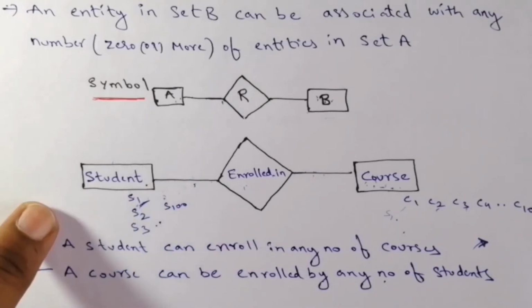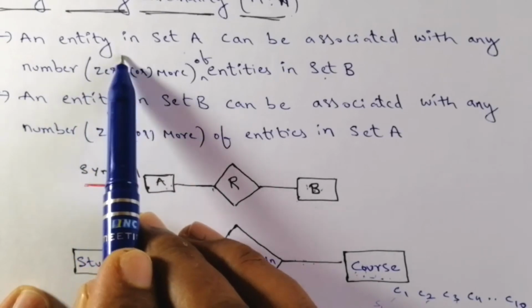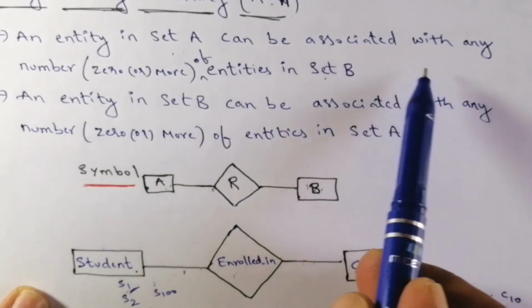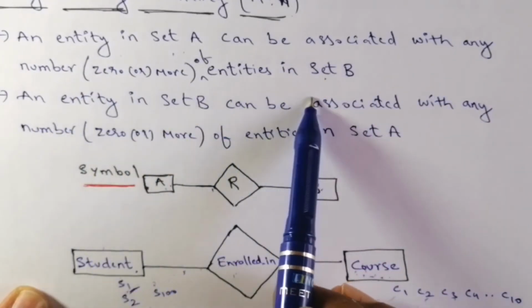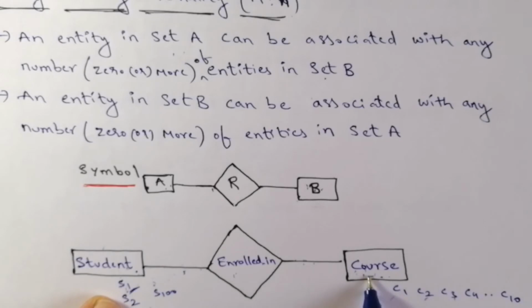So in the many to many relationship, let's look over here. An entity in set A can be associated with any number of entities in set B. See here, this is the entity set student. Every S1, S2, S3, all of these we call an entity. Now an entity in set A can be associated with any number of entities in set B in the many to many cardinality ratio.